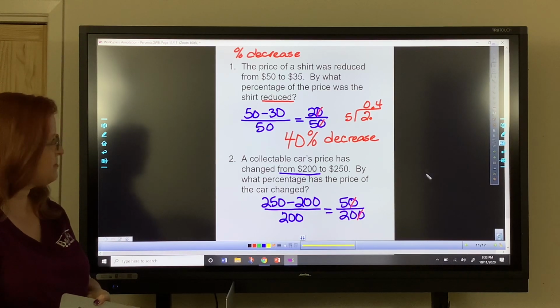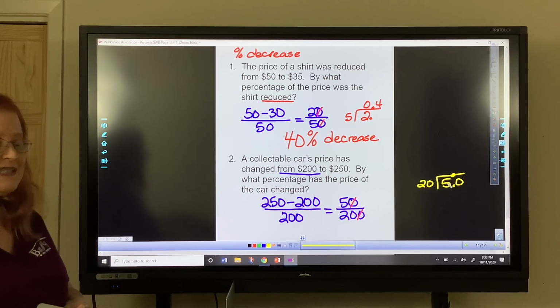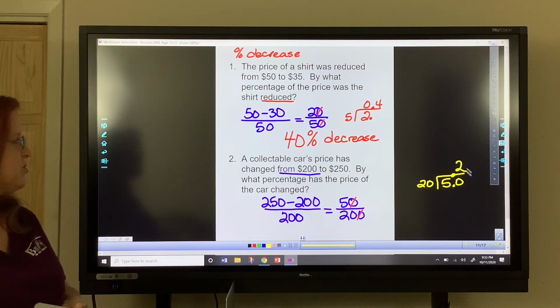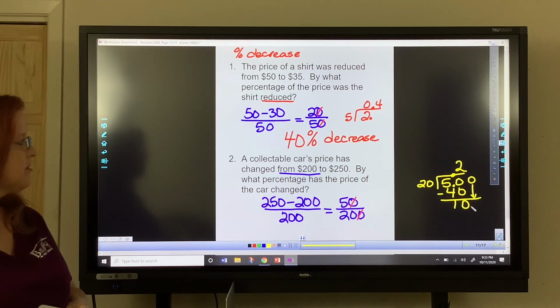I'm going to use the blank space over here. 5 goes on the inside, 20 goes on the outside. Can't divide into 5, so I need to divide into 50. 20 into 50 would be 2 times, so that would be 40. Subtract, we get 10. Add a 0, bring it down. 20 into 100 is 5.